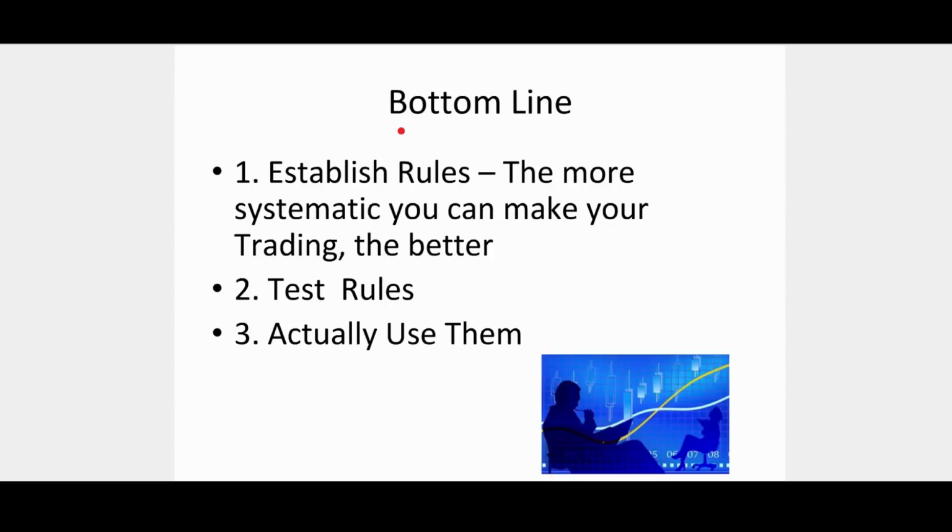All right, so one of the things we were going to cover today that I think is extremely important is there's three things that you need to do to be successful in any market. And I know a lot of people in the poll were saying they came here for trader education. So here are really three important points we need to make here. First thing you need to do is establish a set of rules for your trading.